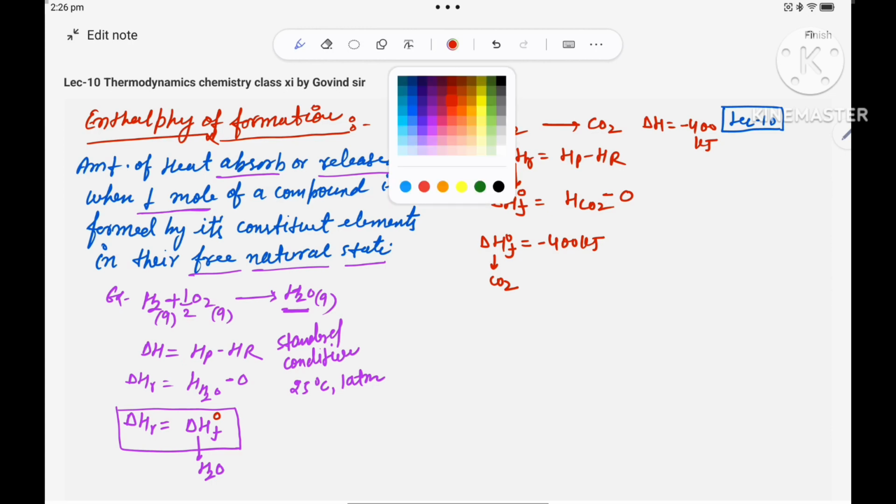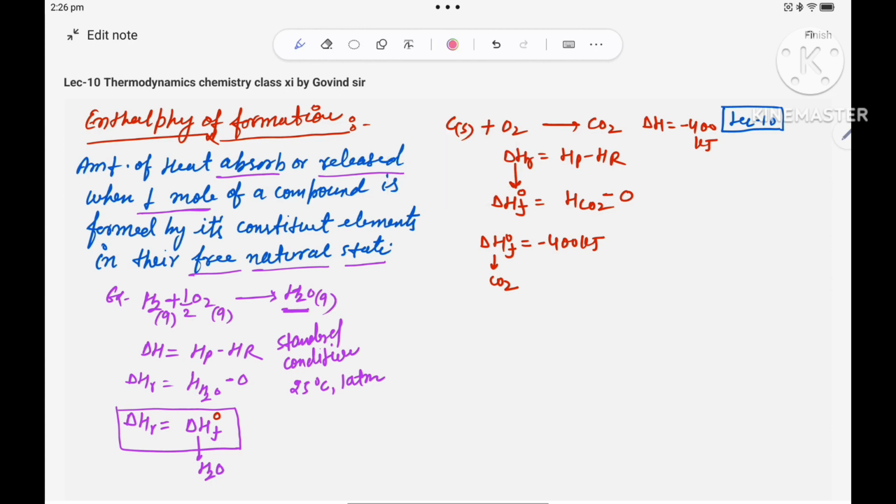Similarly, another example: H2 gas and Cl2 gas forming 2 HCl. In that case, enthalpy of reaction is given as minus 44 kilocalorie. So delta H for reaction is delta HP minus reactant.